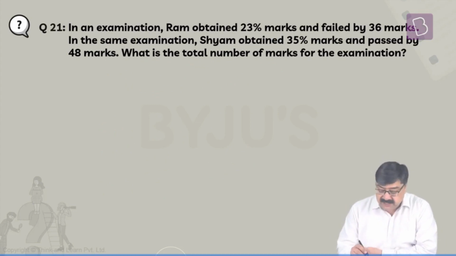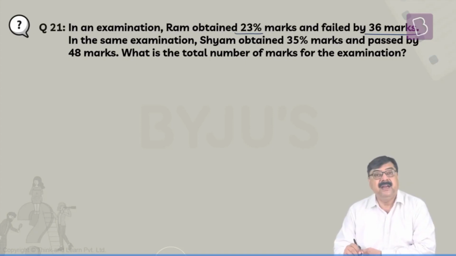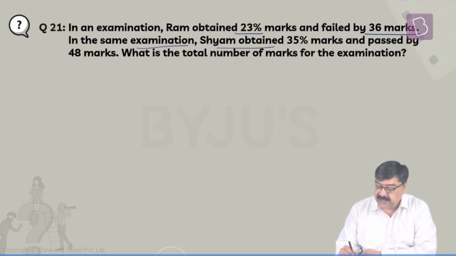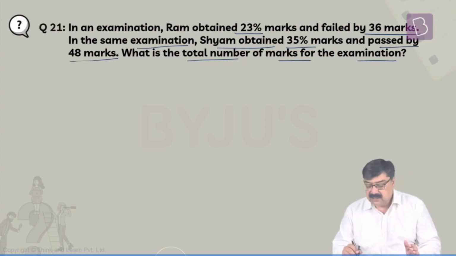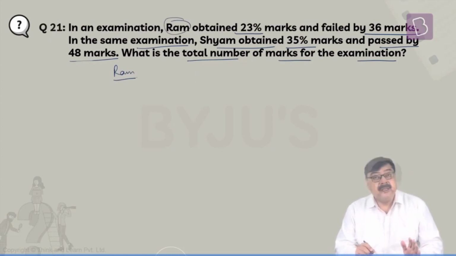Now, in an examination, Ram obtained 23% marks and failed by 36 marks. In the same examination, Shyam obtained 35% marks and passed by 48 marks. What is the total number of marks for the examination? Now here, as per Ram, the passing marks will be how much?